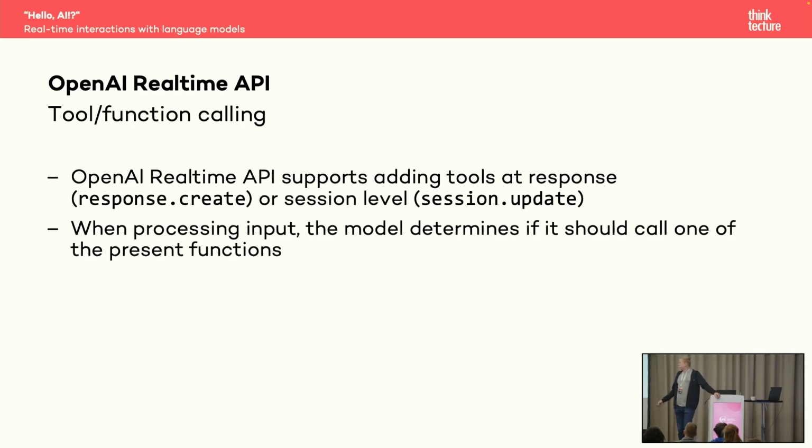Yeah, and when it then processes input, the model determines if it should call one of those functions that are present, or tools. That works well in most cases. You can also define a natural language description. That's very critical for the success of this principle. Because in that color demo, sometimes when I just ask it what are nice colors, or tell me some nice colors, it says stuff like, what was it?